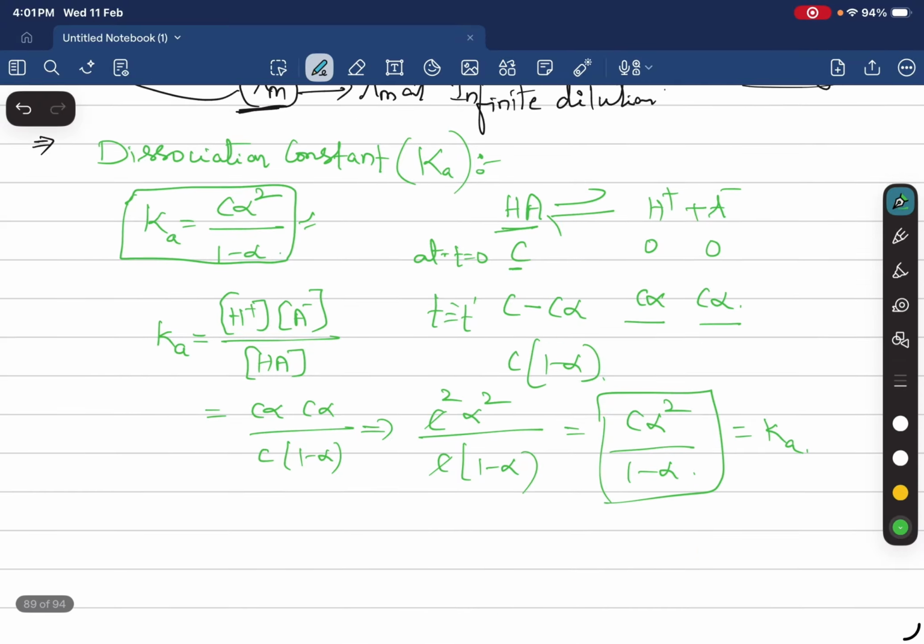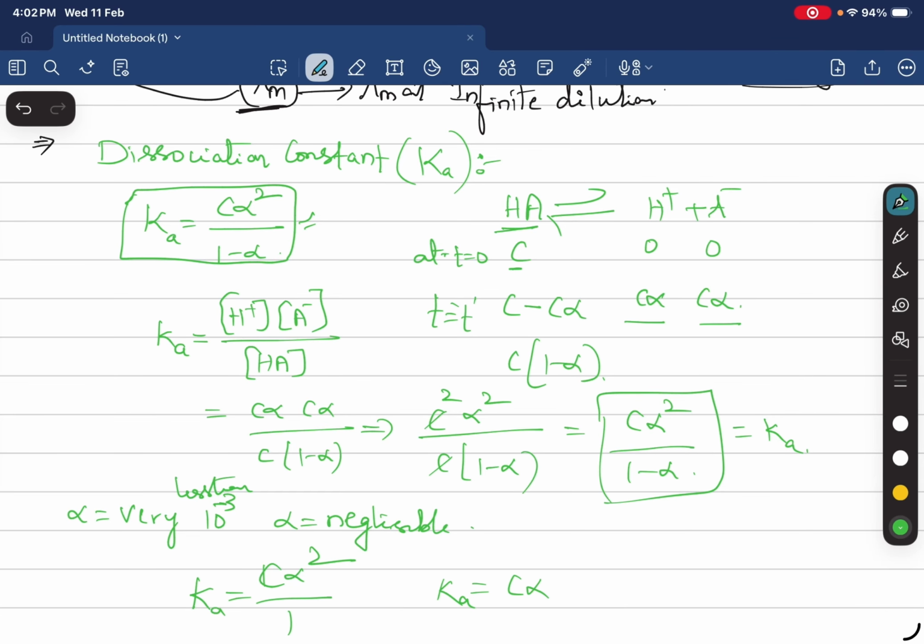But in the case of weak electrolytes, if alpha is very small, around 10 power minus 3 or less, we take alpha as negligible compared to 1. That's why we can write Ka equals C alpha square only.